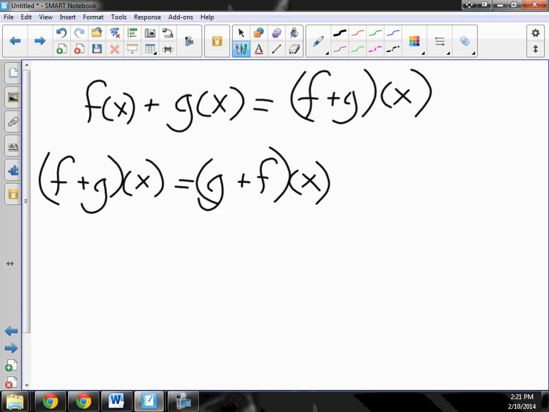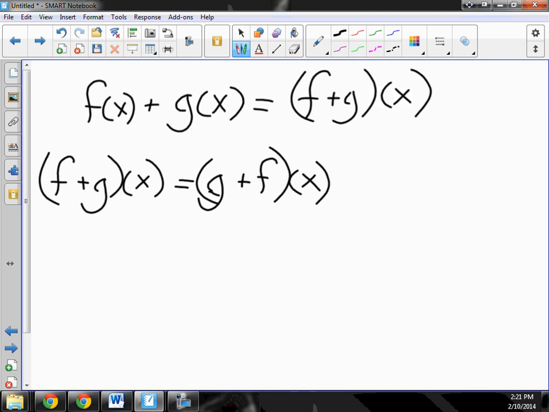So yes, why is that the case? They're both positive? We'll talk about that in a second. So these are exactly the same thing. Why is that? Right, the order of addition doesn't matter.